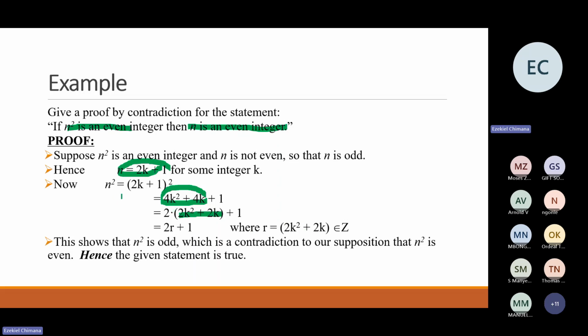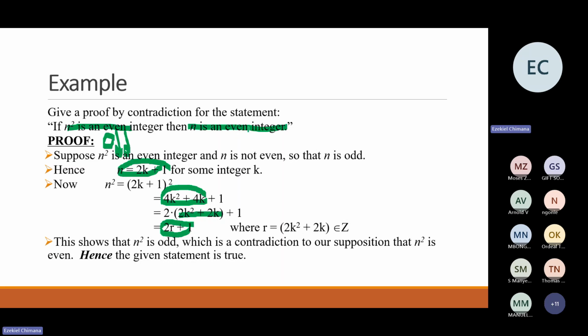So your n squared now will be equal to something of this form, which is going to be an odd number. But remember, we're saying this one is even. You see where the contradiction is. You were saying if n squared is even, then n is an even integer.